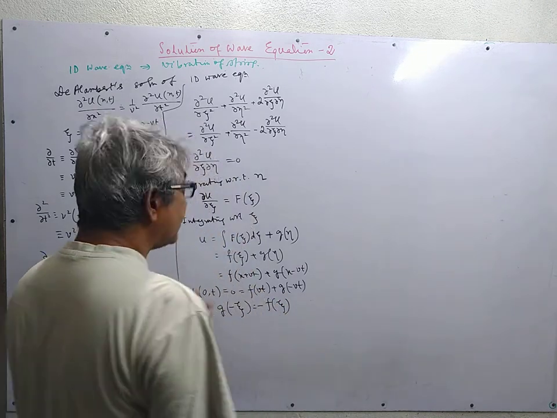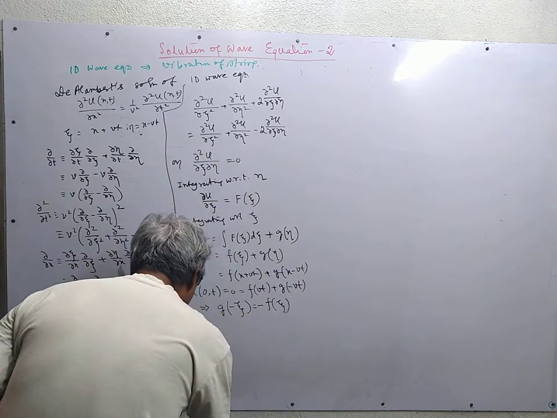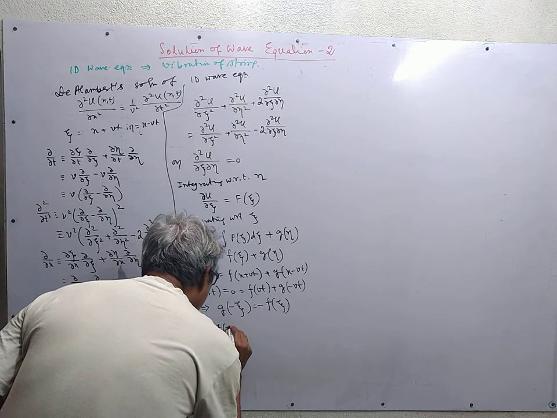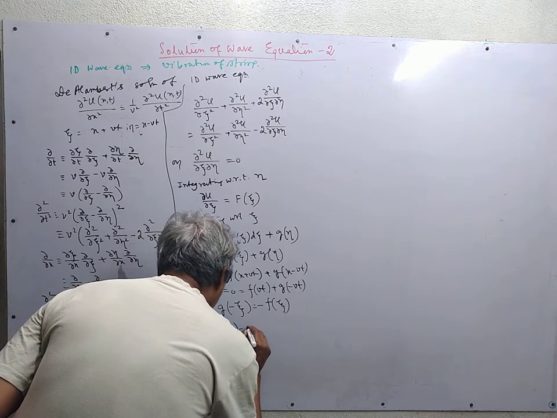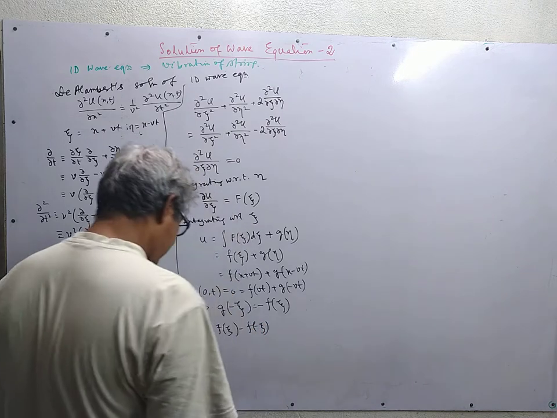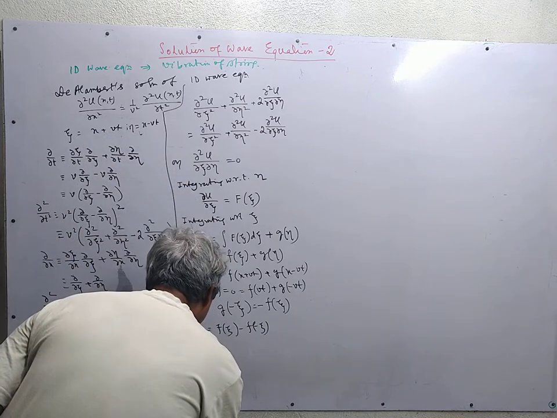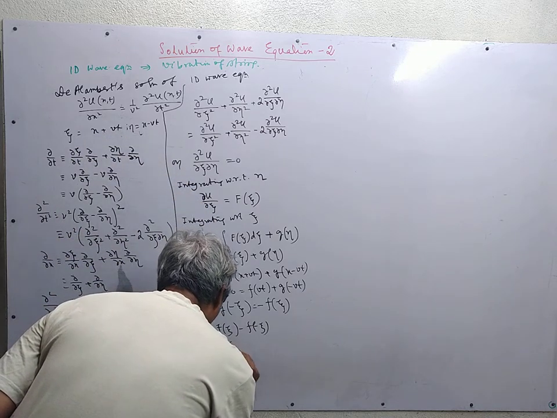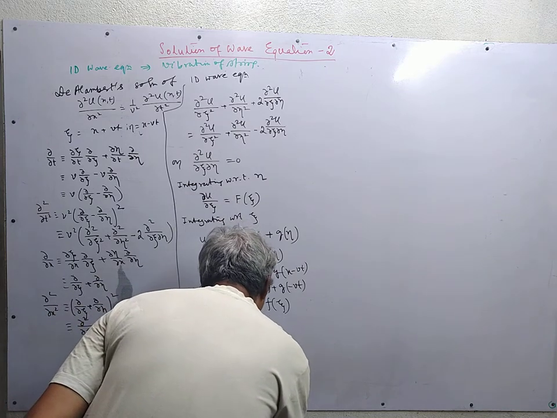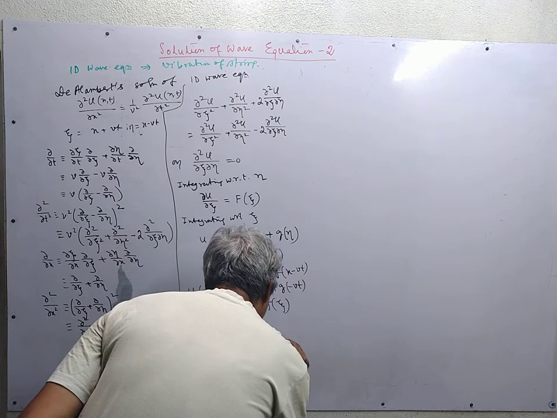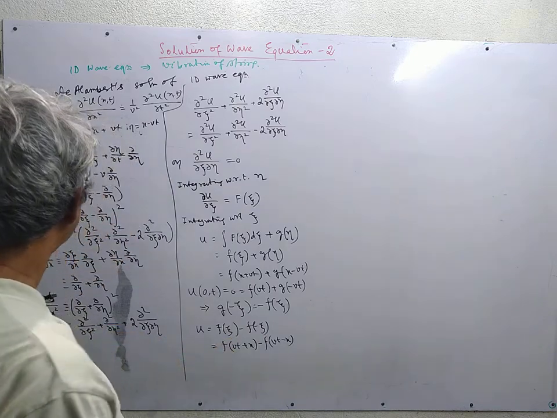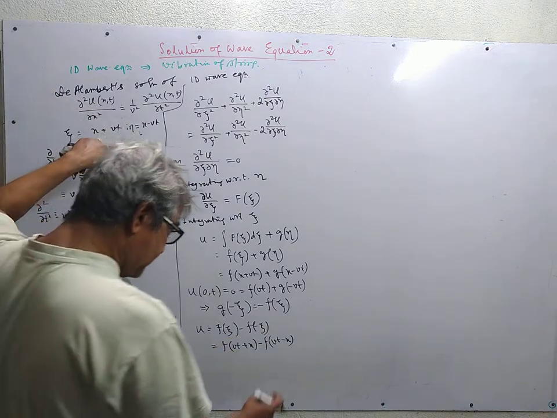That is to say that we can assume the solution to be u as f of xi minus f of minus xi. That is, the solution can be taken to be f of vt plus x minus f of vt minus x. For xi we write x plus vt, so minus of xi means this thing.